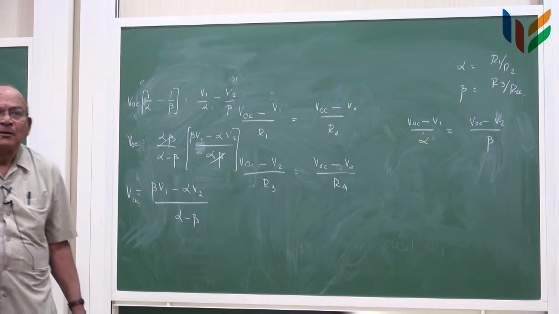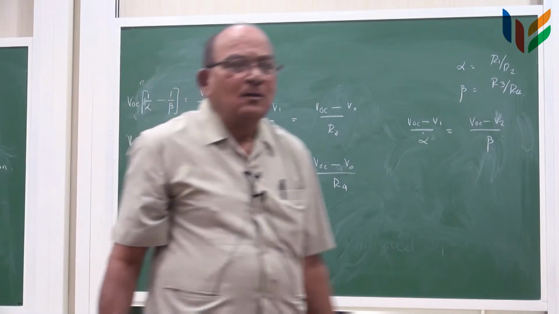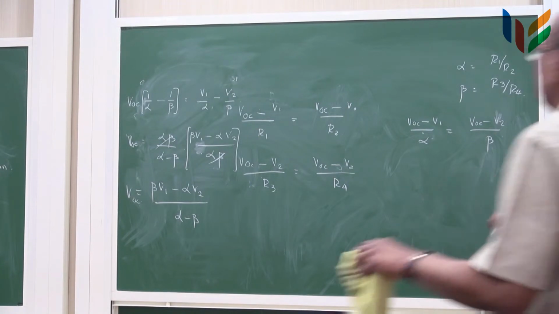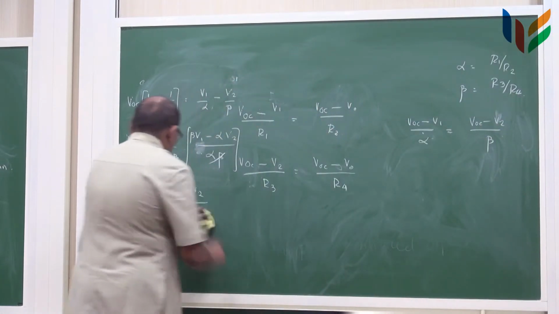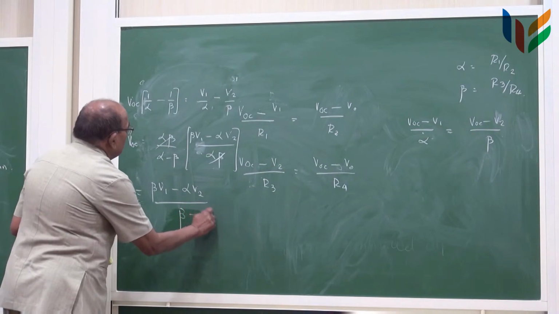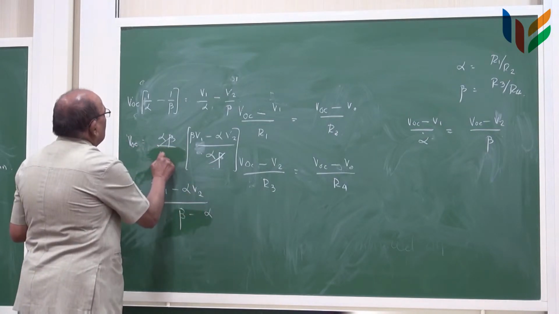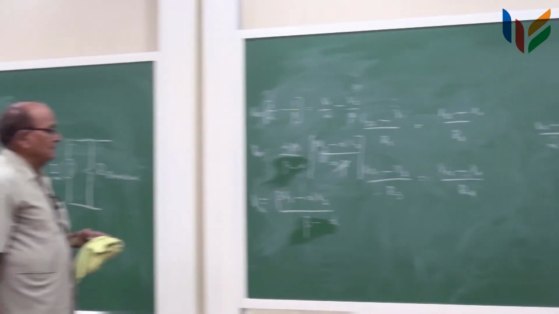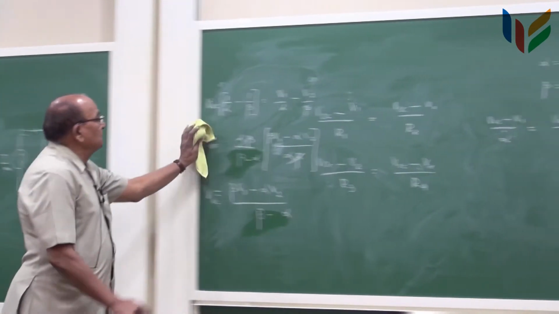Sir, the denominator should be beta minus alpha. Beta minus alpha. Okay, okay.